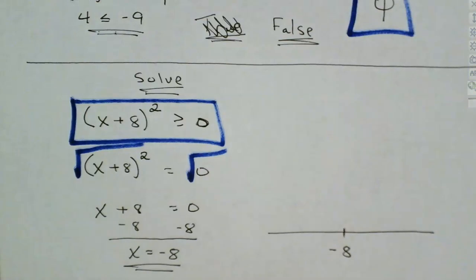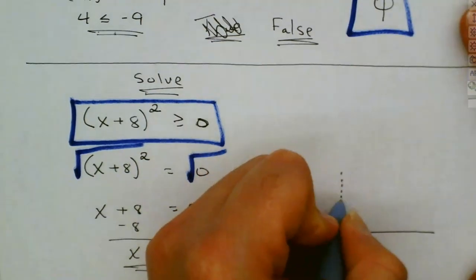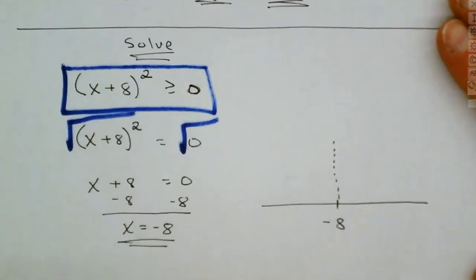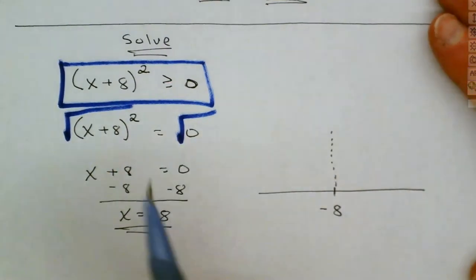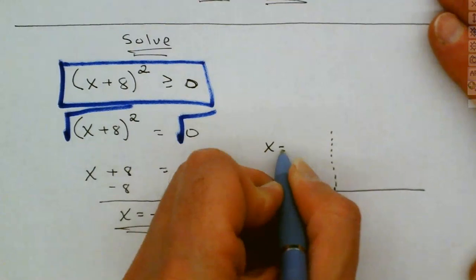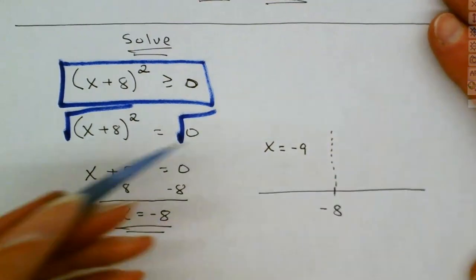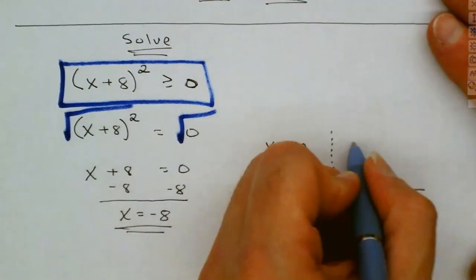Okay, so we are going to have to put this on a number line, and we still have to check. We have to check both sides of this. So I need a number smaller than negative 8. How about negative 9? And a number bigger than negative 8. How about 0?